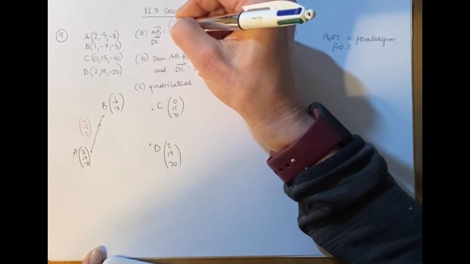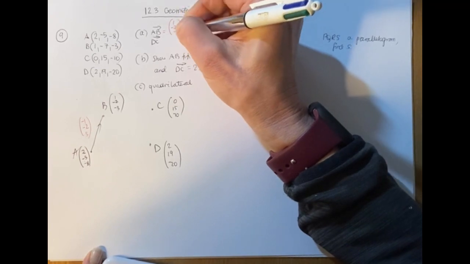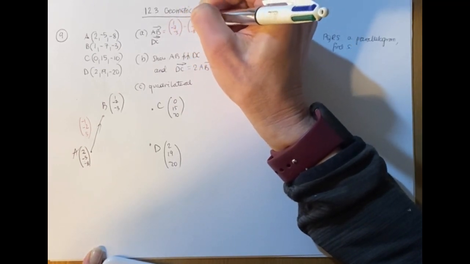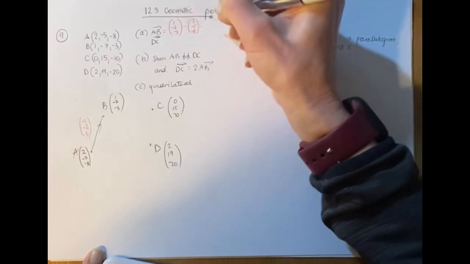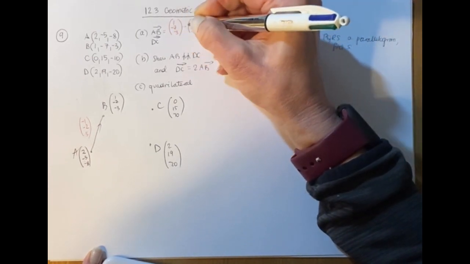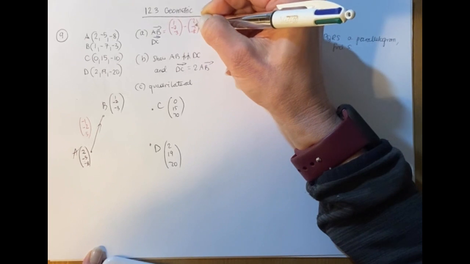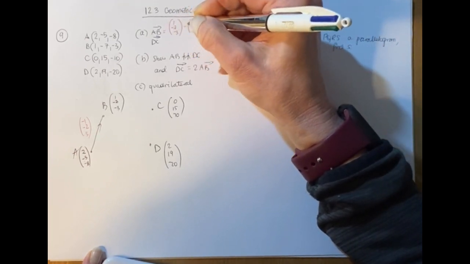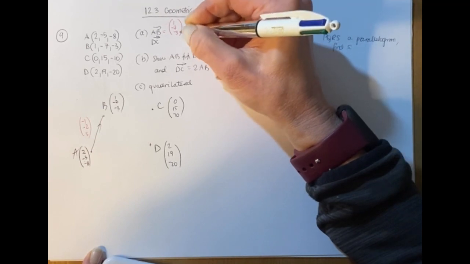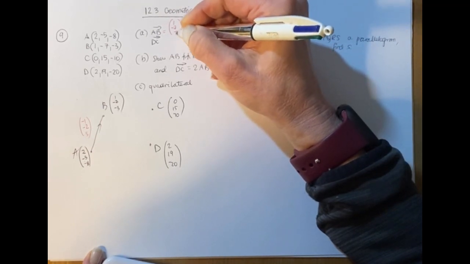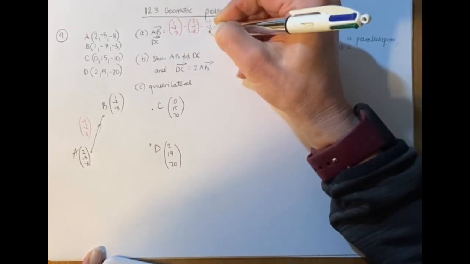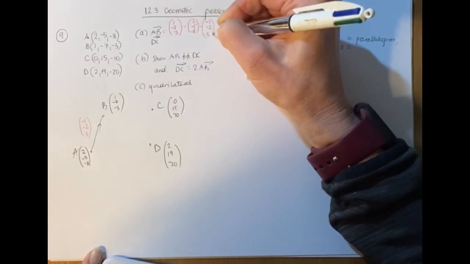So it's (1, -7, -3) subtract (2, -5, -8). 1 take away 2 is minus 1. Minus 7 take away negative 5, so it's minus 7 add 5, which is minus 2. Minus 3 take away negative 8 is minus 3 add 8, which is 5. So there you go.